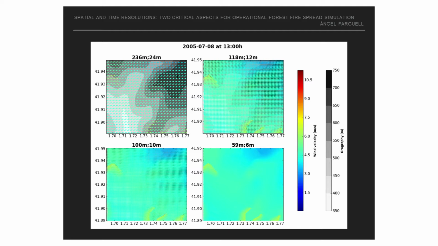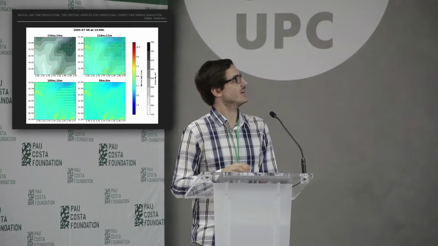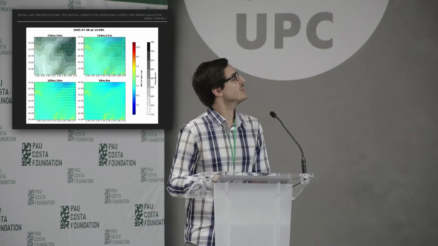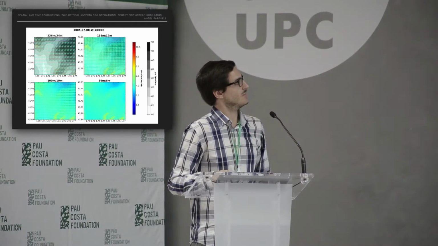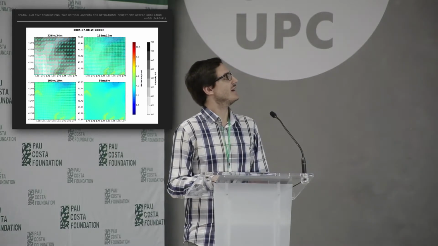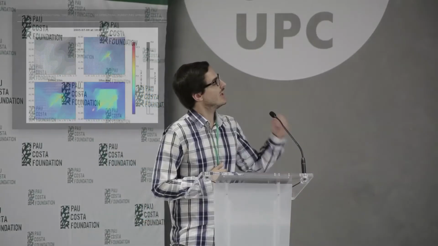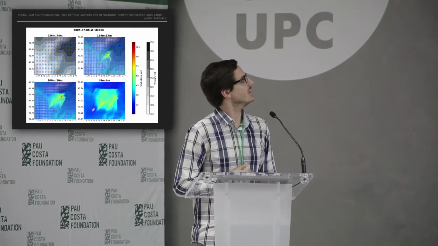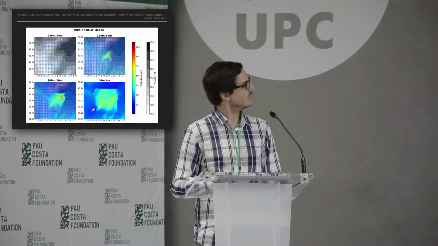And here we can see the wind speed and direction using the different configurations, the different resolutions. This is the initial data, so we can see that it's the same but drawn at different resolutions. But 5 hours later, we can see that using the highest resolution, we are capturing the wind affected by the fire, because we can see here the green, yellow and red colors that are speeded winds, and we can see that they are surrounding the perimeter of the fire.